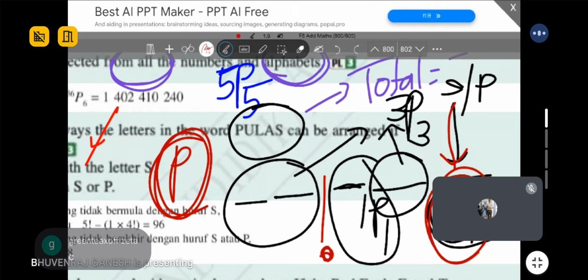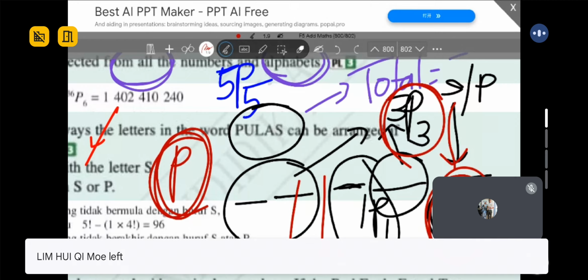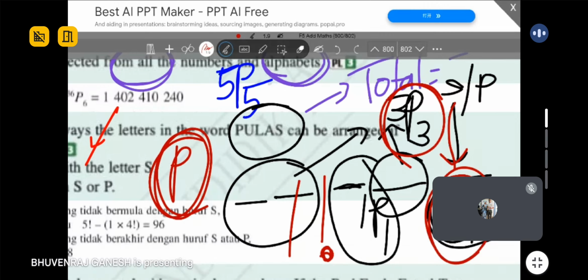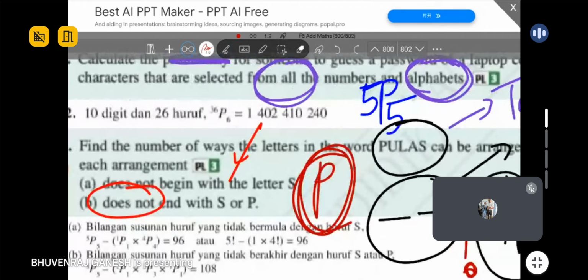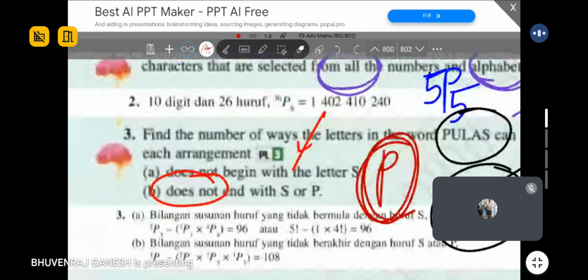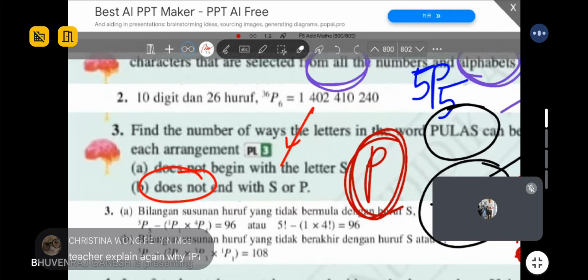So 3P3, if you don't like it, you can write it as 3 factorial. Or 1P1, you can write as 1 factorial, if you understand better using factorial. It's just a suggestion if you are confused by 3P3 or 1P1. So this is the answer for 3b.